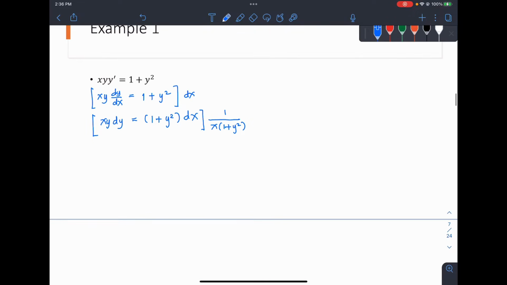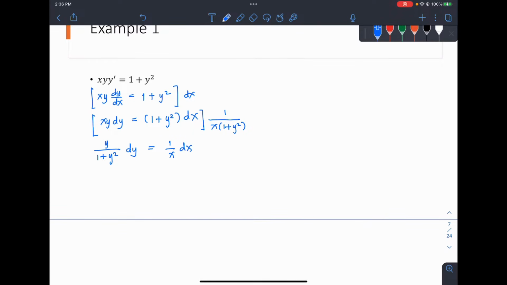Doing so, at the left hand side x will be cancelled out, leaving us with y over 1 plus y squared multiplied with dy, and it is equal to, at the right hand side, 1 plus y squared cancelled out, leaving us with dx over x, or 1 over x, multiplied with dx.